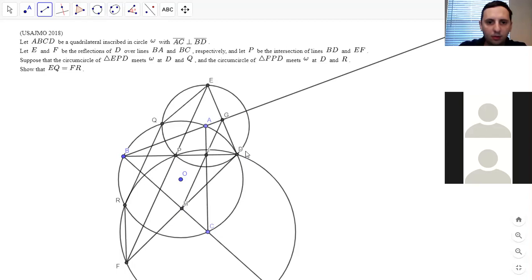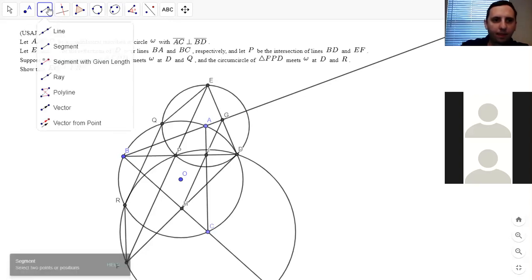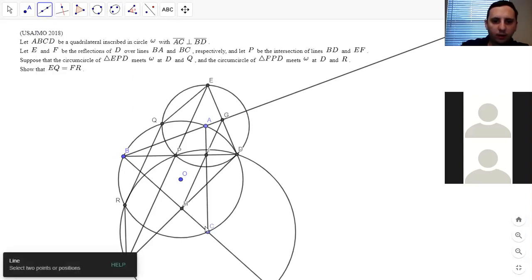Actually, EF is the Steiner line of triangle ABC. EF is the what line? Steiner. Have you ever heard about the Steiner line? Oh, the Steiner line. Does that have anything to do with the orthocenter? I'm not 100% sure. I don't.